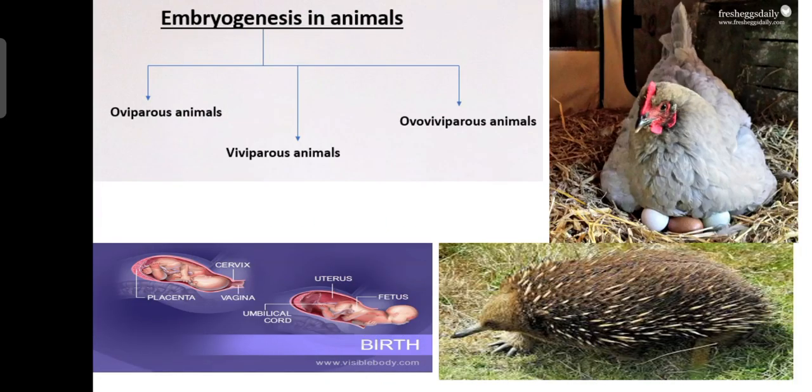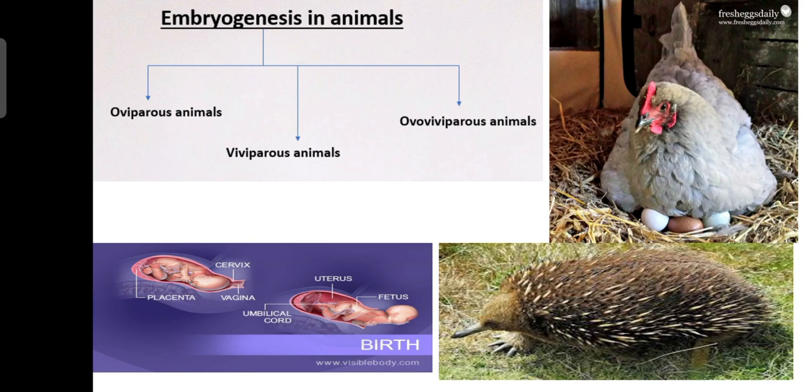If you look at embryogenesis in animals, there are three patterns of development of the embryo, which we call oviparous animals or oviparity condition, viviparous animals or viviparity condition, and ovoviviparous animals or ovoviviparity condition.